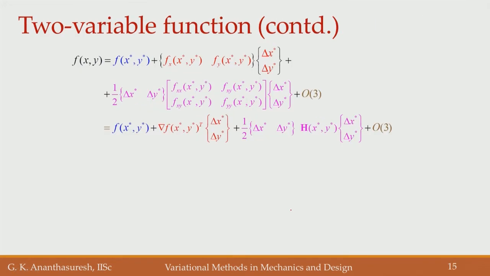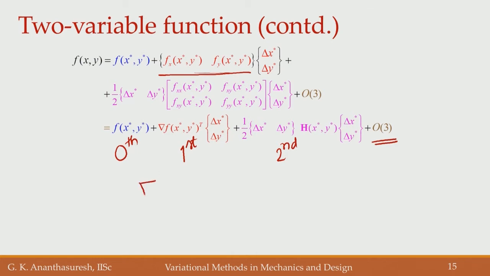So, let us look at that. We have written this in this shorthand notation. Again this is the zeroth order term, this is the first order term, this is the second order term, and these are third and higher order. When we have this, we write it in the form of this row vector here, which I have written as a transpose.